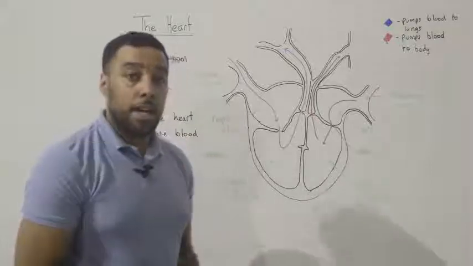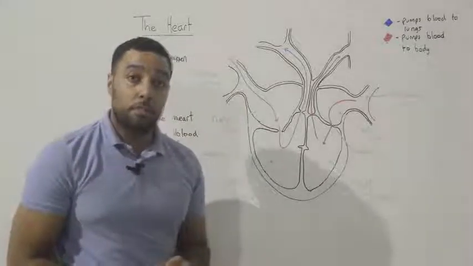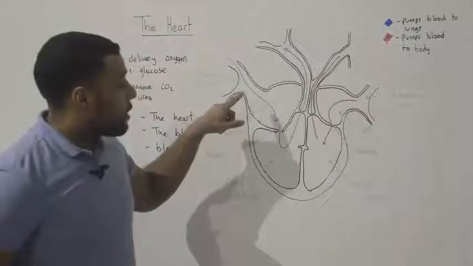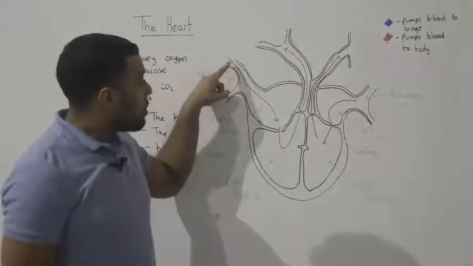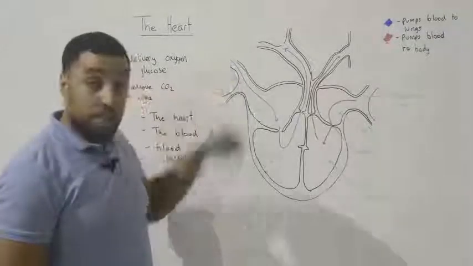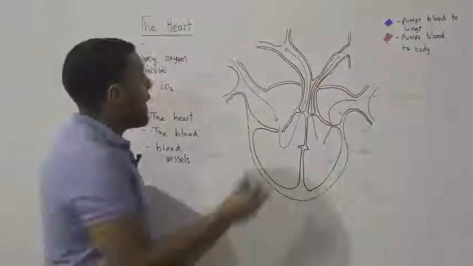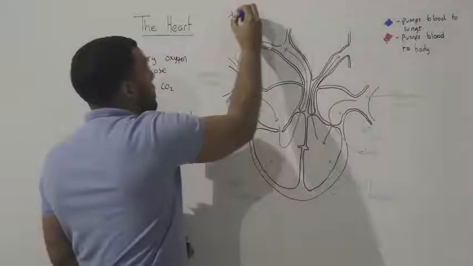Humans have what's called a double circulatory system, and you can see on this diagram that one part of our heart is responsible for pumping deoxygenated blood, and that just means blood without oxygen.